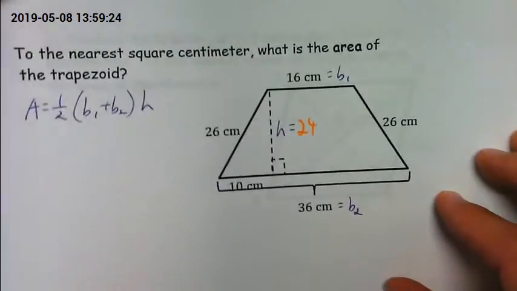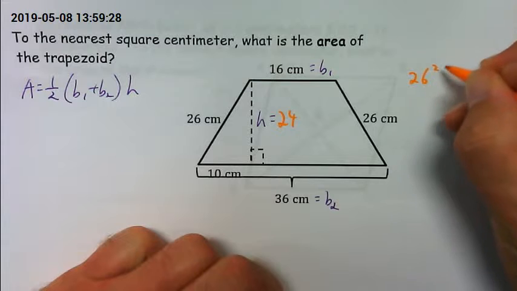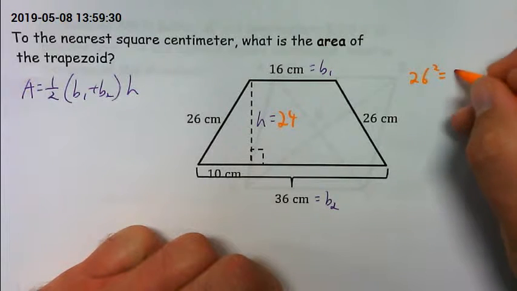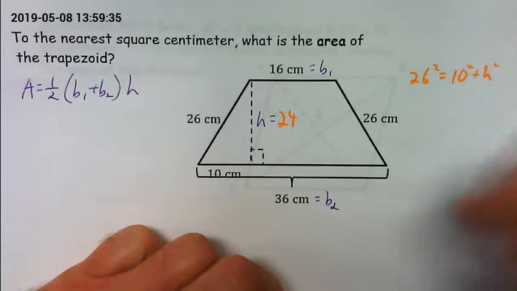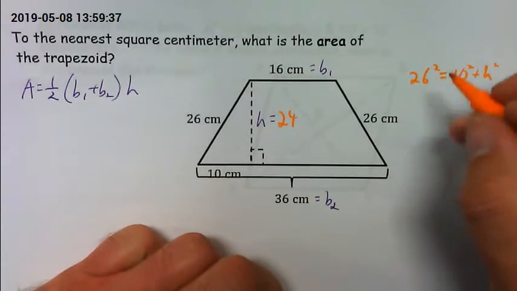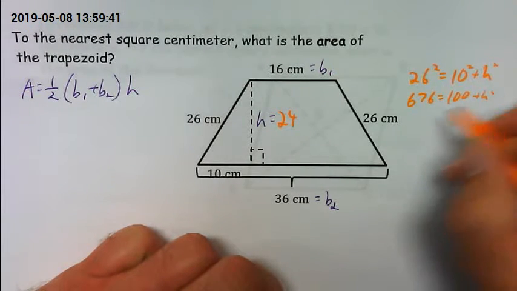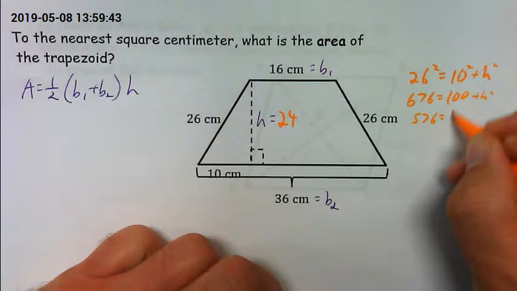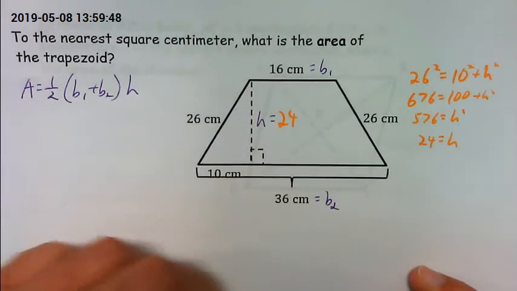Let me show the work off to the side. You plug the 26 in as your C value. The 10 would go in as maybe your A, and then the H can be your B. So 26 squared is 676. 10 squared is 100. Subtract the 100, you get 576. Square root it, and you get 24 for H.